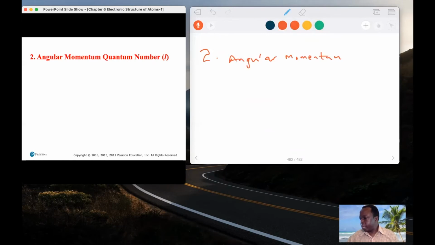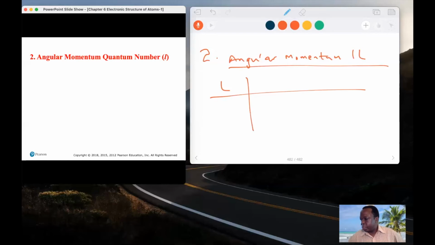We represent this using l, and it takes values 0 all the way to n minus 1.